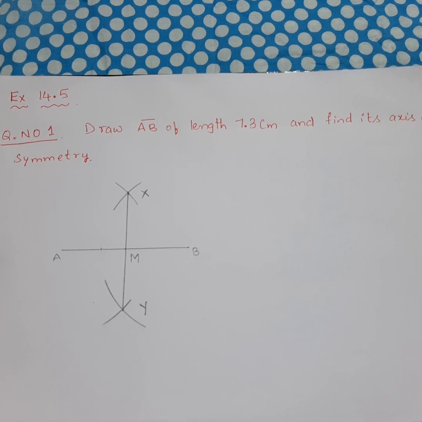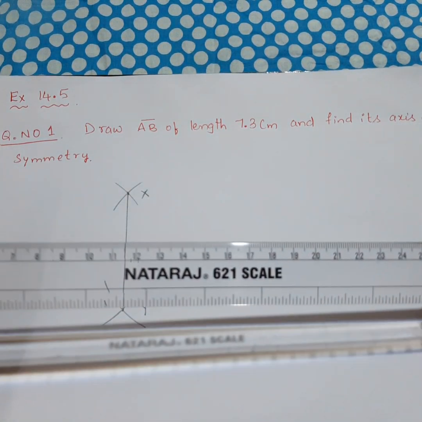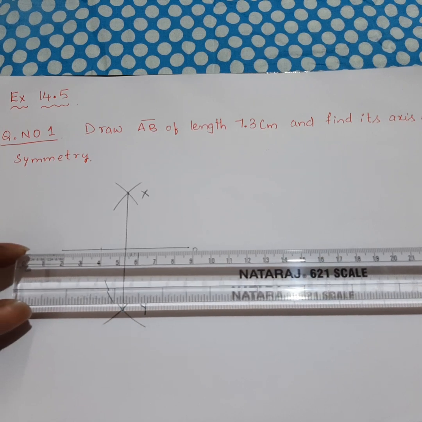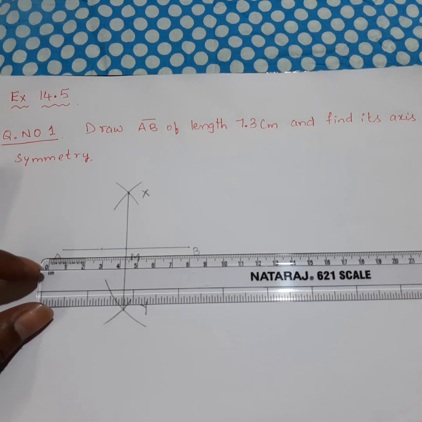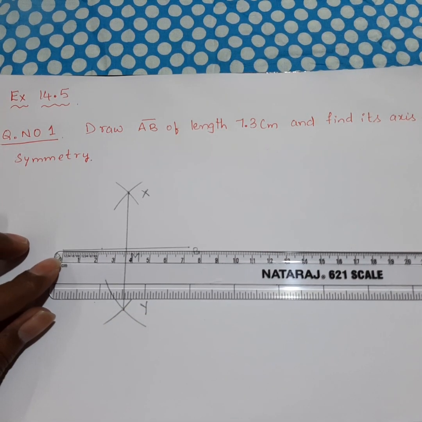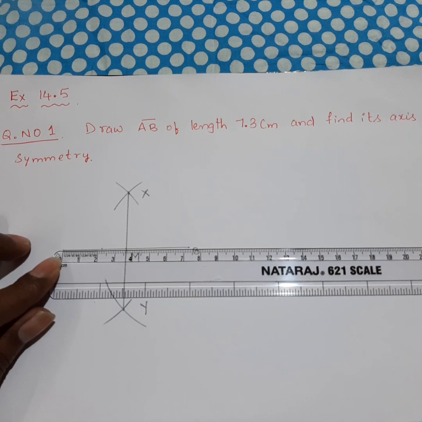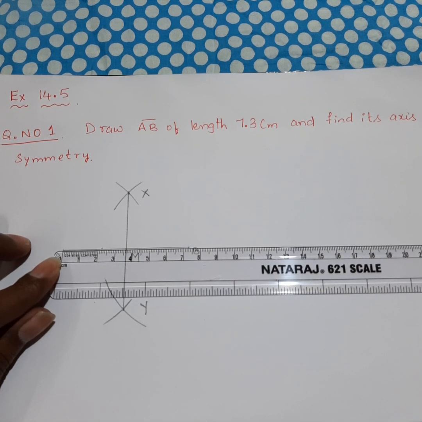So first of all we need to measure AM. Here AM is equal to BM. So M is exactly the middle of the line segment. Clear? It is around 3.6 something, exactly between 3.6 and 3.7.